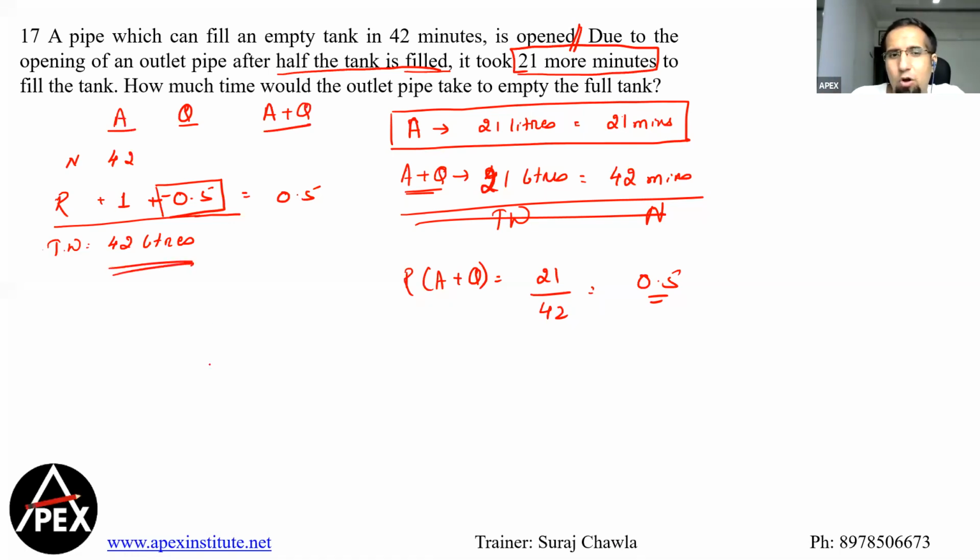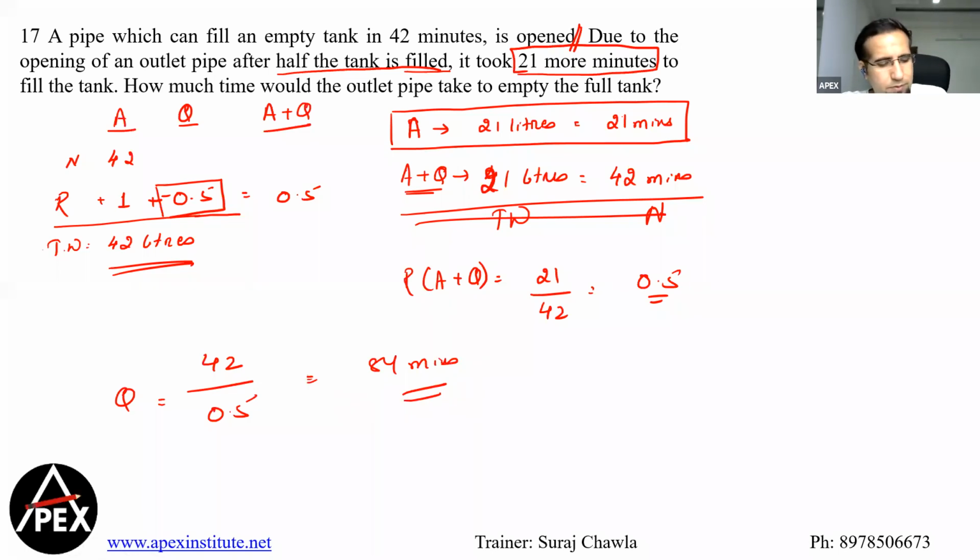So therefore, to leak out 42 units, tap Q will take 42 by 0.5, and therefore the answer is going to be 84 minutes. Is this point clear with all of us? Quick responses, please. Any doubts, please feel free to ask, guys.